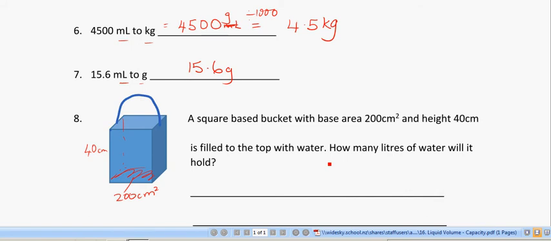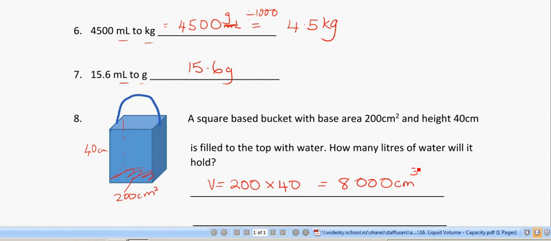Okay, so we need to find the volume first of all. So the volume is, and always write V or whatever you're calculating. The base here is 200, so we know that, and the height times 40. So do that on your calculator. Got 8,000 now centimetres cubed.